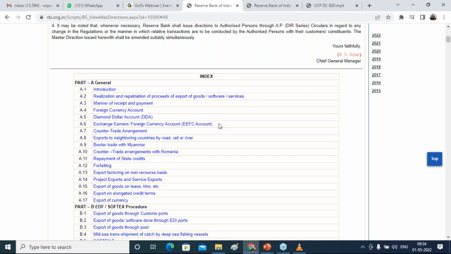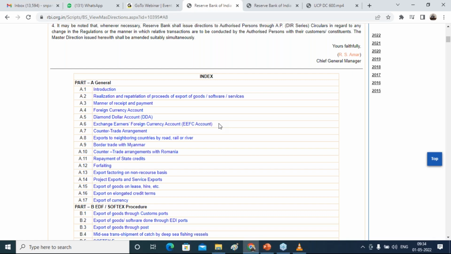But when you are importing, the conversion is done again. At import, you have to buy the dollars from the bank, and the bankers will collect 77 from you. So on export you get 76, but here you pay 77. One rupee you are losing.